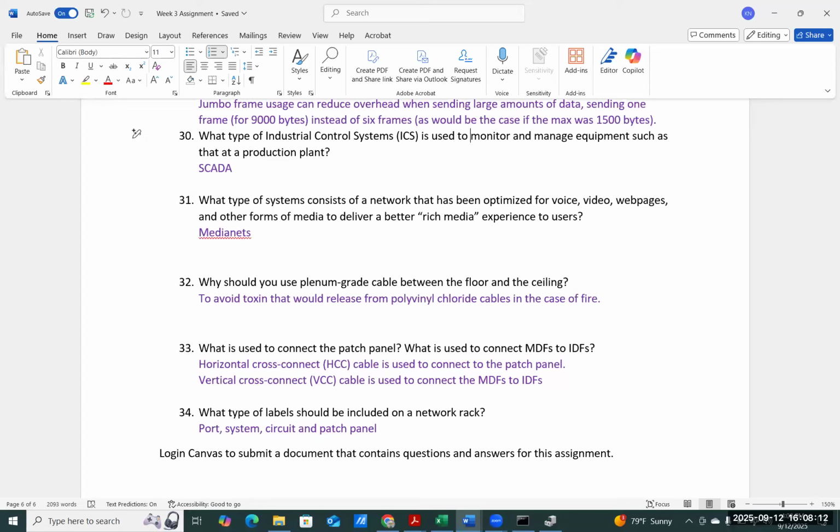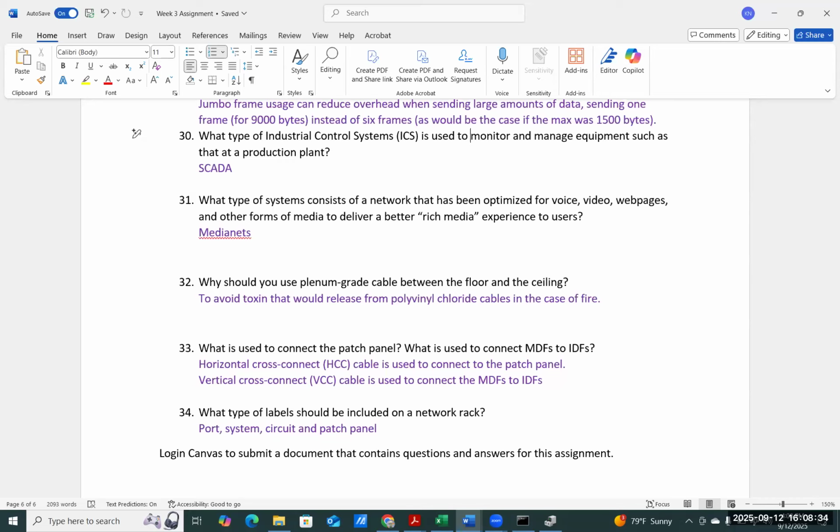So you would use horizontal cross connect cable, which is known as HCC. And it's used to connect the patch panel. I will try to bring in a patch panel next time you come. I had it in here and they had wheeled it out because it was taking up so much room. And then you would use the VCC to connect the MDF and the IDF.